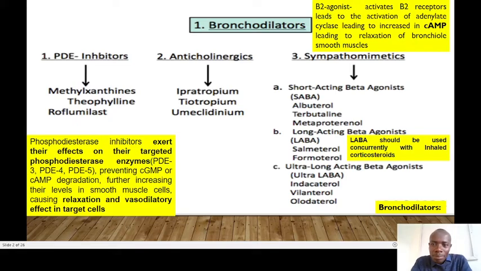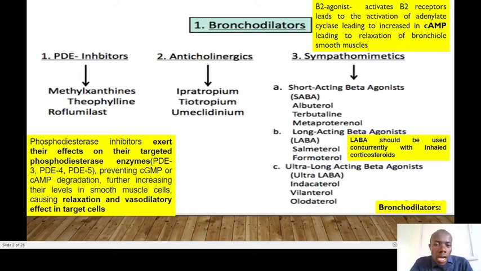Then lastly, we'll have the PDE inhibitors, phosphodiesterase inhibitors. So these ones, they are going to exert their effects on the targeted phosphodiesterase enzymes. Remember, for the sympathomimetics, they are bringing about their effect by increasing the availability of the cyclic AMP. And when you have cyclic AMP in abundance, it means that your bronchial tree is going to dilate.